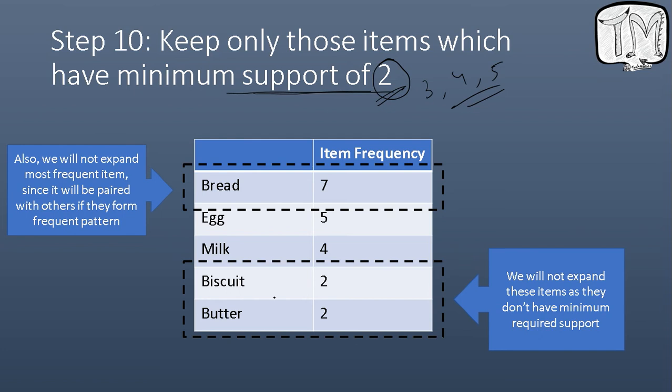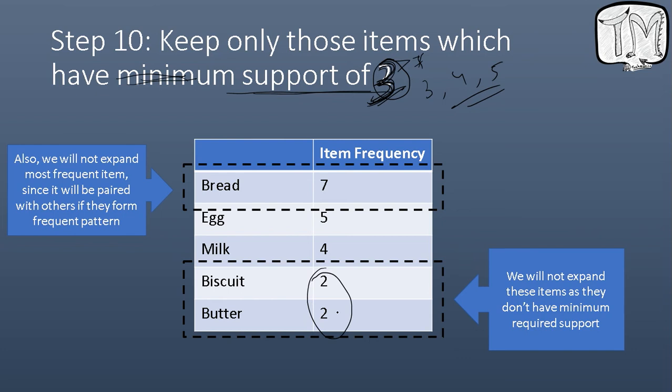Okay, so as you can see here, biscuit and butter, let's take support greater than 2. Okay, not equal to, just greater than. Biscuit and butter are appearing only twice, and since our support I will call it as minimum of 3. Okay, let's go with 3 in this case.